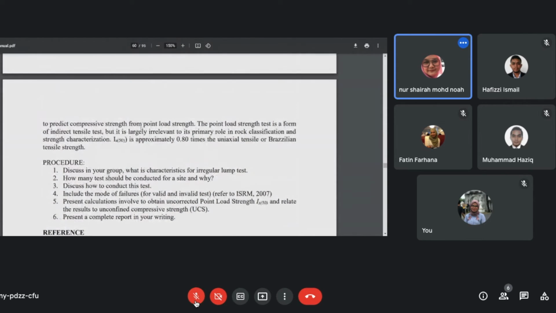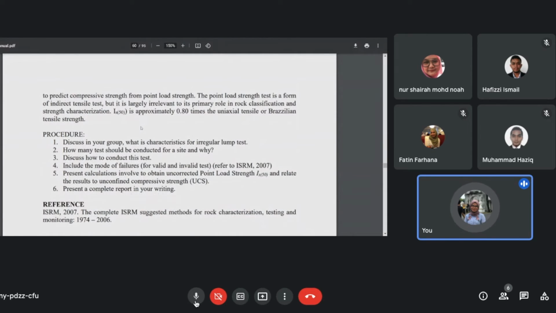Okay, for the procedure, firstly we discuss with our group members the characteristics of the irregular lump test. From that we can determine how many tests should be conducted for a site and why.